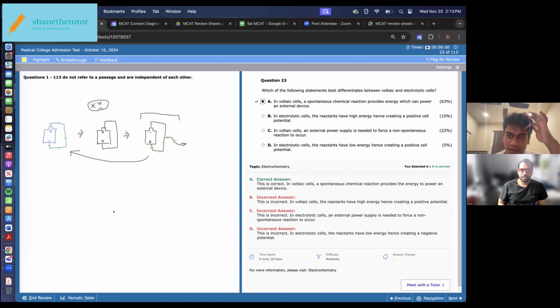And whatever has the smaller reduction potential will be oxidized. So between zinc and copper, which one would get reduced? Copper. Okay. Now that means the zinc must be oxidized, which means that this reaction, instead of it going that way, it would go this way.